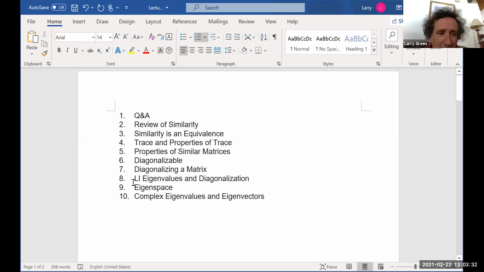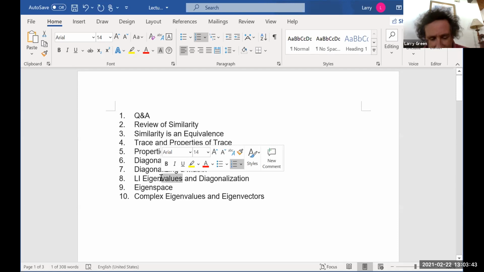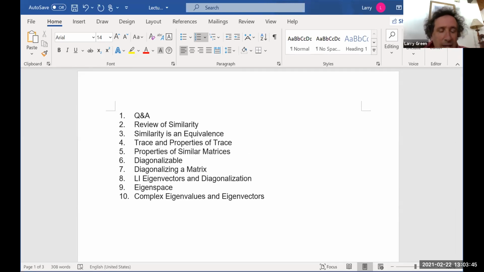And then we'll look at eigenvalues again. And I guess again, that should be vectors, not values. So we'll look at eigenvectors, and we'll talk about when eigenvectors are linearly independent. So again, all the stuff we've done in the past is coming up again.